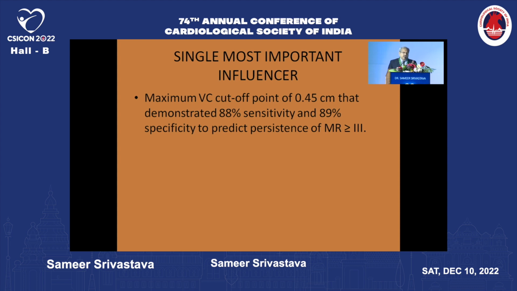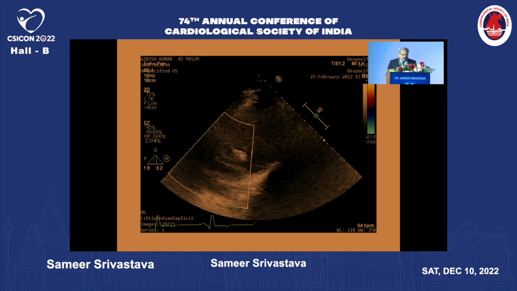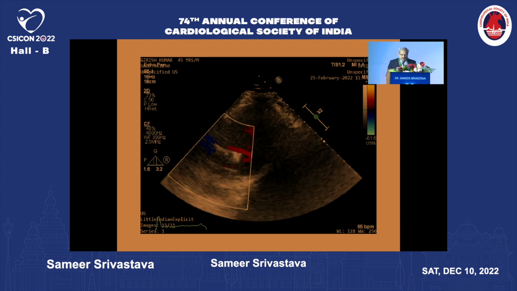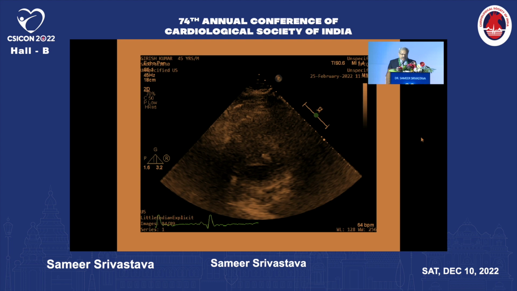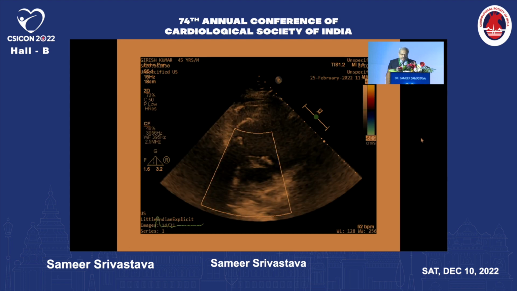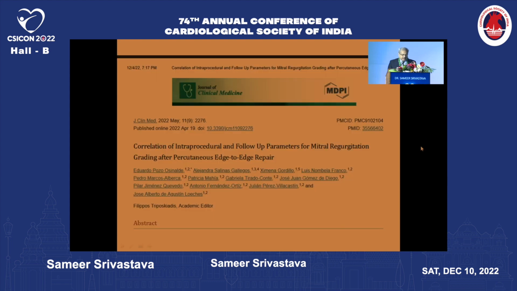This is one single parameter which has, till now, I'm not saying don't do anything else, you must do everything, because we are still looking at 12% lack of sensitivity and 11% lack of specificity. So you have to have that goal in your mind. And of course, when this happens, you are then struggling less. If you have to go for one objective parameter, then it is the vena contracta which works well.